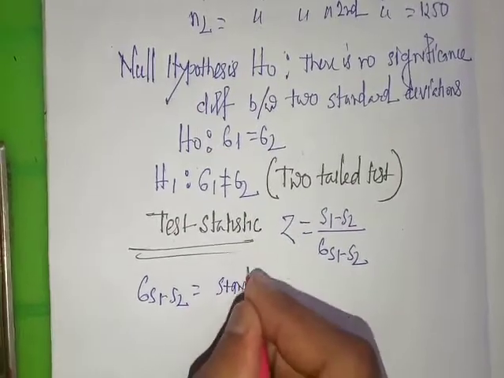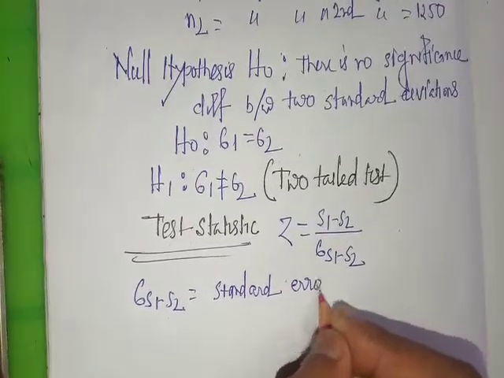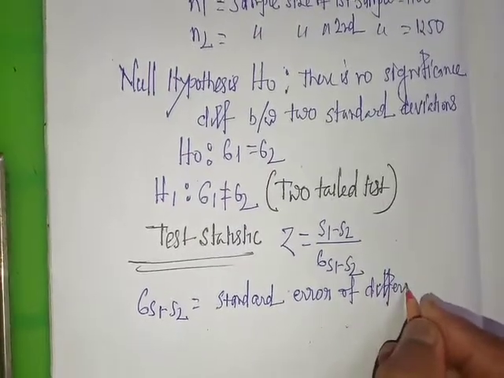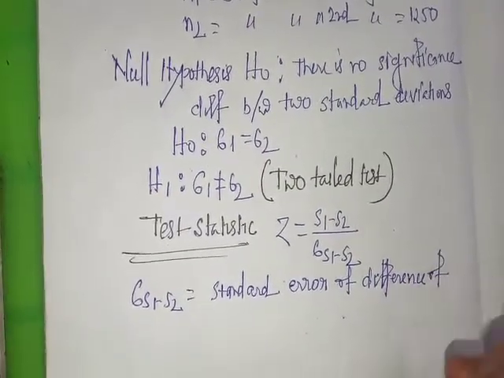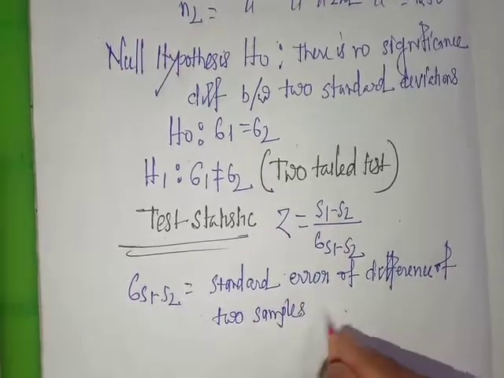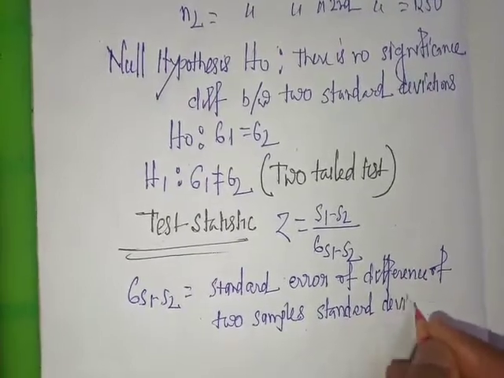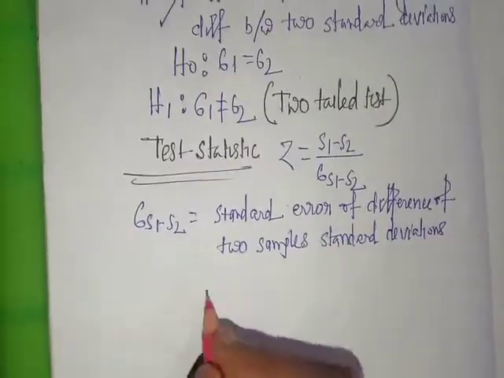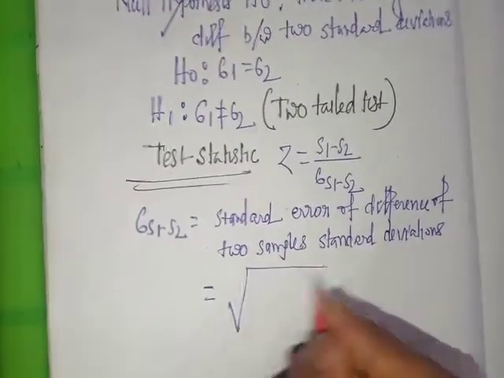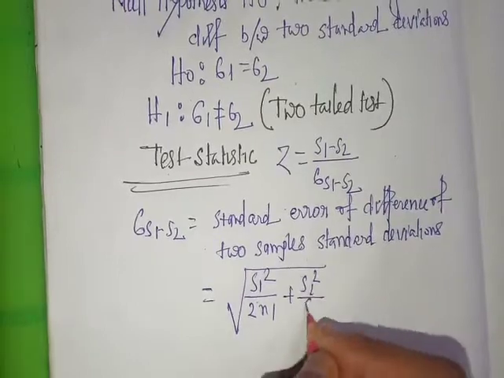The formula of sigma of S1 minus S2 is root over S1 square by 2n1 plus S2 square by 2n2.